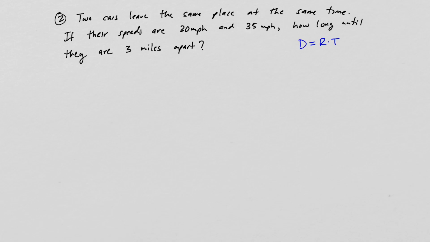So we can draw a little diagram here to help us understand the situation. We have a starting point. One car is traveling 30 miles per hour, and the other car is traveling 35 miles per hour. So in the same amount of time, one car is going to go farther than the other. In this diagram, let's say this is the slower car, and this is the faster car, as the picture suggests.